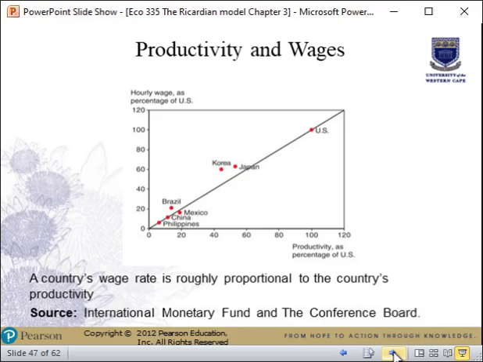Does this really happen empirically? Empirical evidence shows that the natural wage rates do indeed reflect differences in productivity. That is, low wages are associated with low productivity. More so, empirical evidence shows that wages tend to rise as productivity rises.